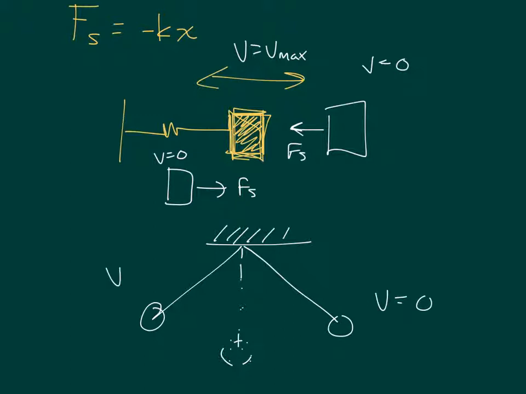V equals 0 at the two sides, because the object has to actually stop. At the bottom middle, it picks up speed. It's all kinetic at the bottom, so at the bottom is where there's a maximum velocity.